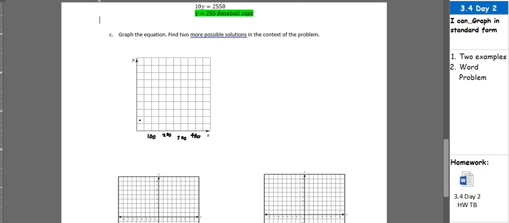Here, I need to get all the way up to at least 900. So I'm actually going to go by hundreds. That's a 400, 500, 600, 700, 800, 900, 1,000.